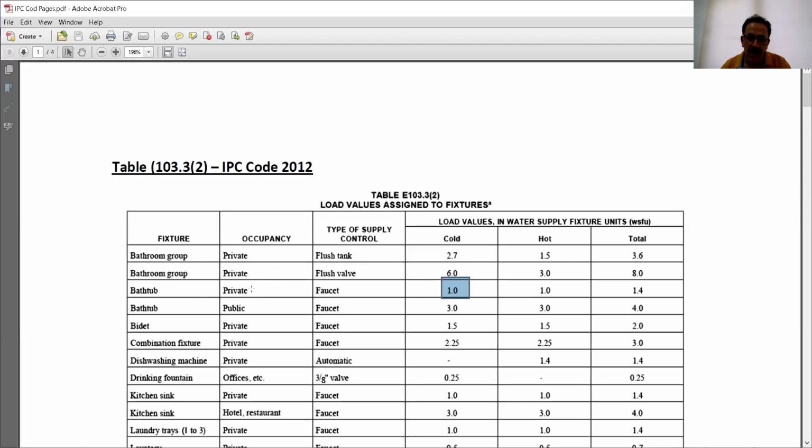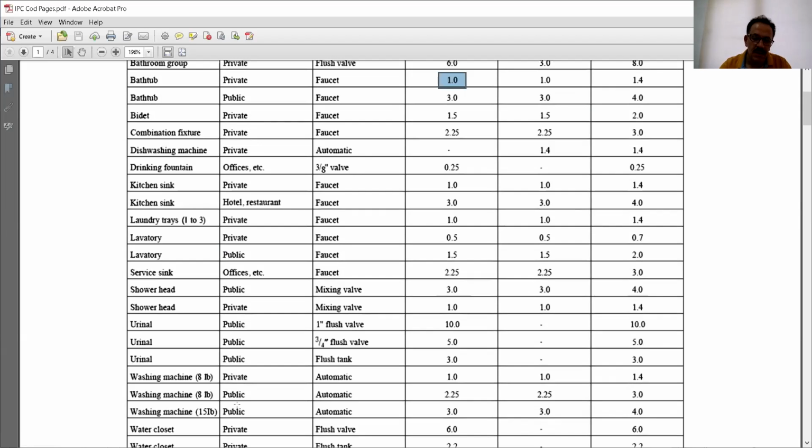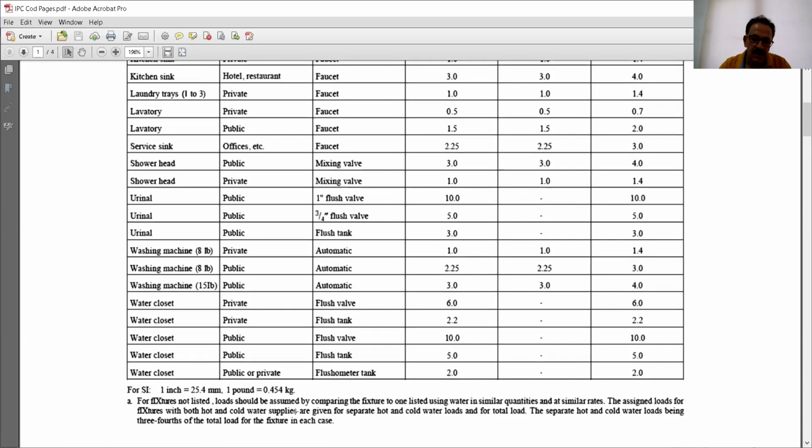So if I have one bathtub, it will be one fixture unit. This is one. And if I have one toilet in this group, this is the one toilet, one water closet, and here's the water closet. Because I'm using it for private use, it will be considered as 6 fixture units.